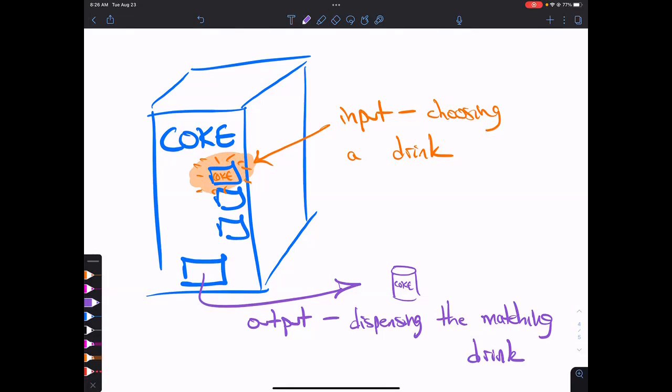So the ways this can go wrong are all related to what the machine does not matching what you asked it to do. You push a button, and it should give you a Coke if you chose a Coke. If you push the Coke button and it gives you nothing, or sometimes a Coke and sometimes nothing, or, God forbid, a Diet Coke, then the machine's not working the way it should.